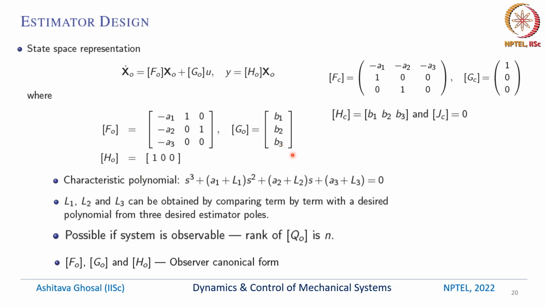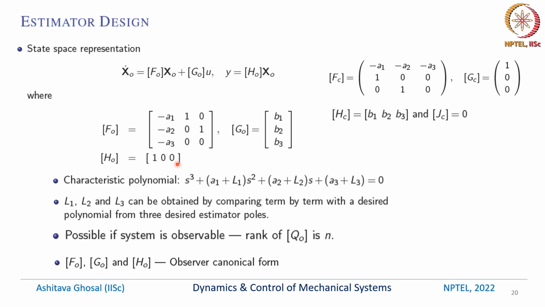So one interesting thing that you can observe is the H matrix in the controller canonical form was B1, B2, B3 row matrix. Here the G matrix is a column matrix B1, B2, B3. The G matrix in the controller canonical form was 1, 0, 0. Here the H matrix in the observer canonical form is 1, 0, 0.